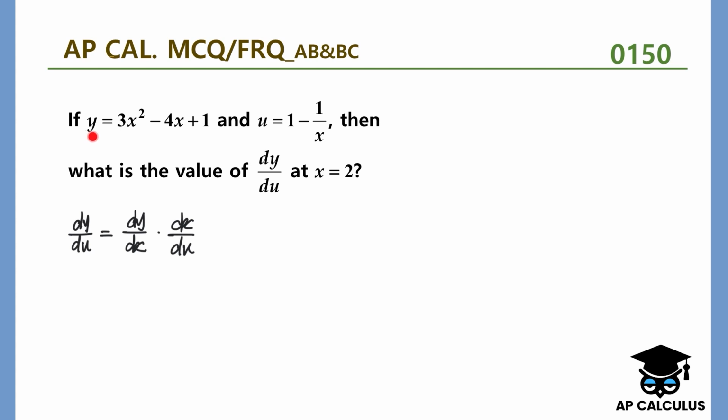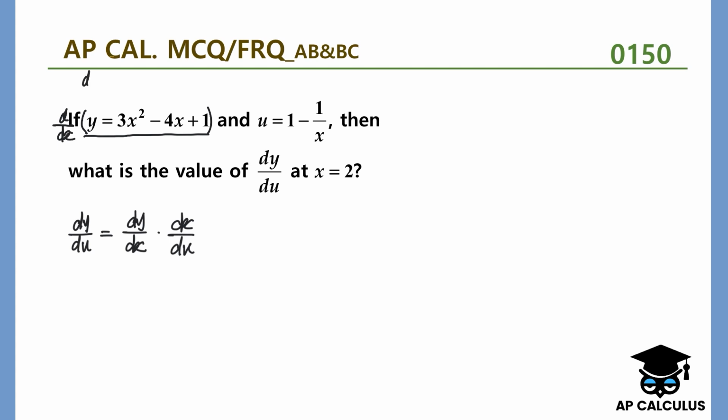Here, y is in terms of x. So if we find the derivative of this function, that's going to be dy over dx, right? So we differentiate this function with respect to x.